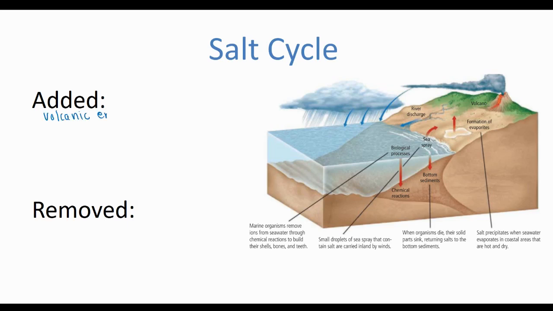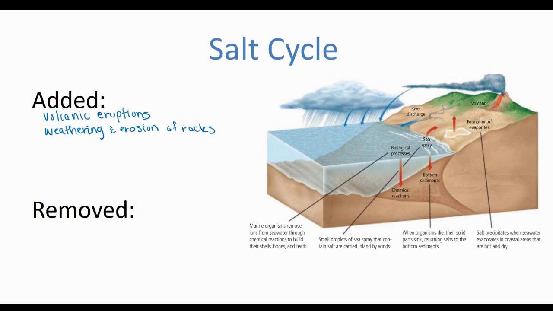Volcanic eruptions add salts to the oceans. And also we have rivers that are carrying salts to the ocean. So we can add that we know that weathering is going on, and also erosion of rocks is going to carry salts to the ocean.